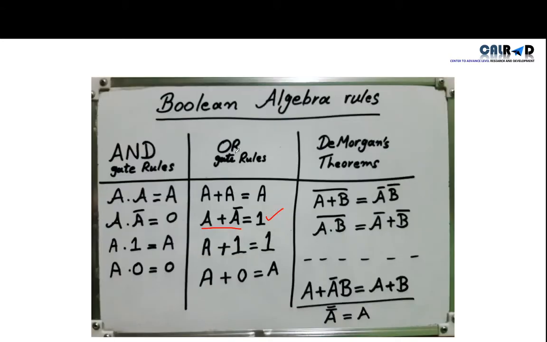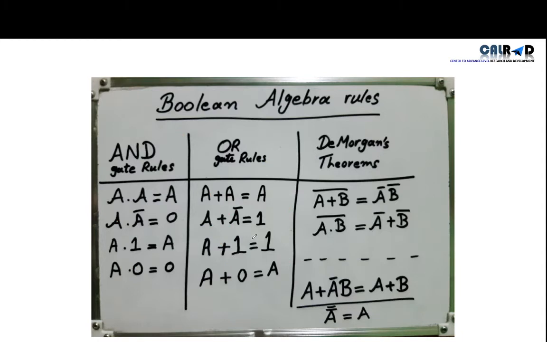Here we are applying OR gate rule number 2. It depends: you can give numbering 1 through 8, or if you want, you can say AND gate rule number 1, 2, 3, 4 and OR gate rule number 1, 2, 3, 4. I think this will be much better.